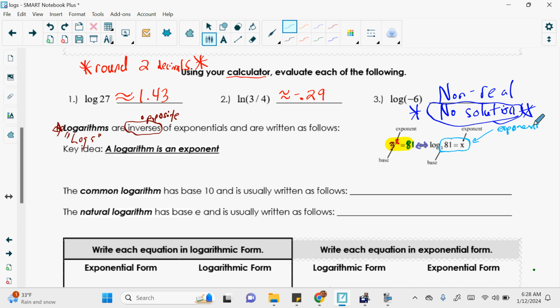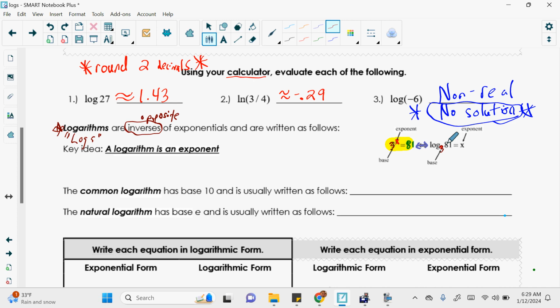So I'm going to get my colors to match. So log base 3, and that is a little 3, all right? It's called a subscript. So log base 3 of 81 equals your exponent, x, all right?